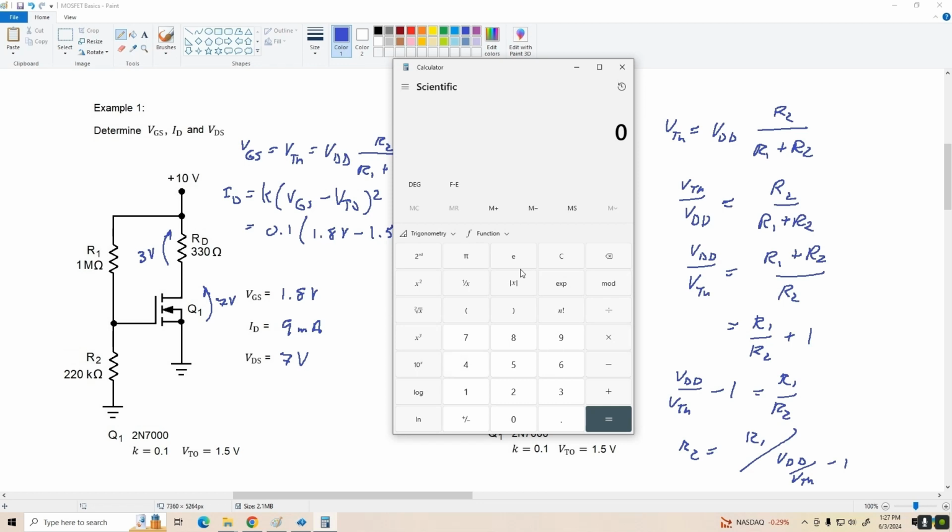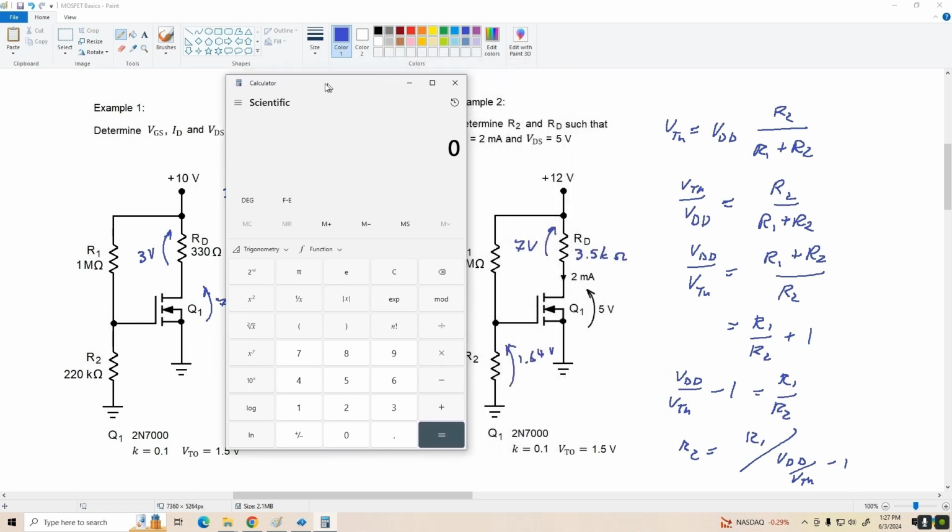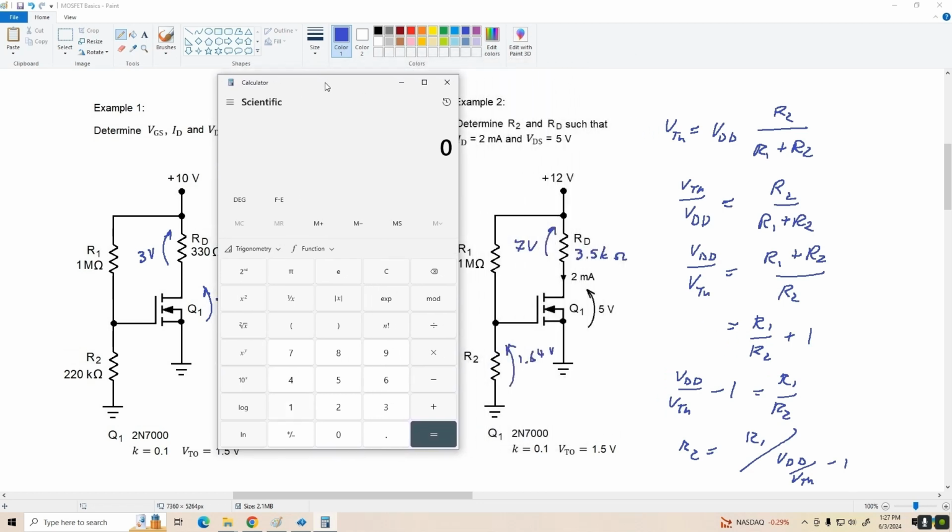So VDD is 12 divided by 1.64, minus 1. Okay, we'll take the reciprocal and multiply that by R1, which is 1 meg.